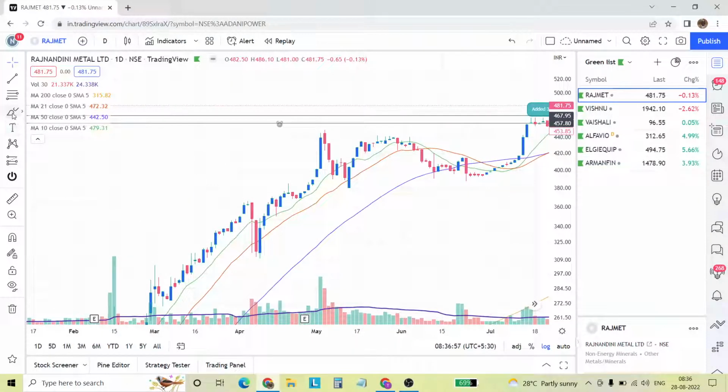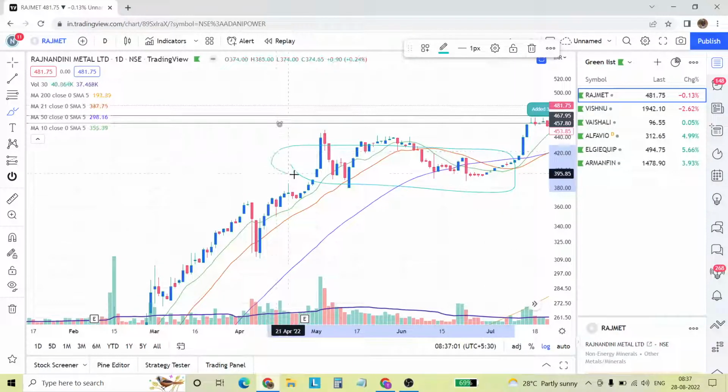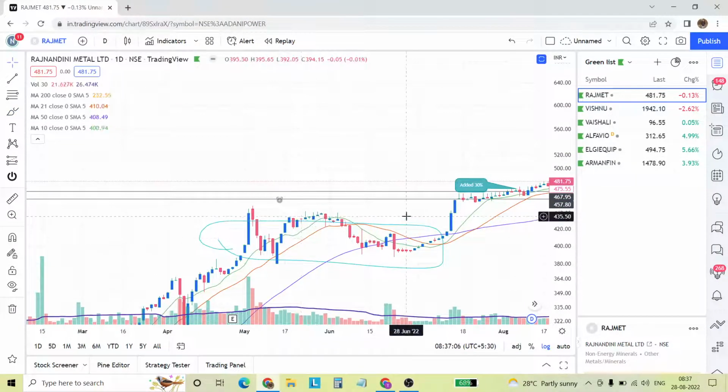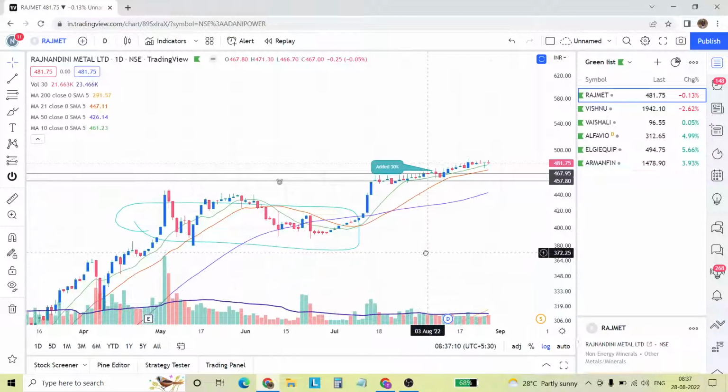So what I want to do is avoid this phase. I don't want to stay in a stock in this phase. I know it will consolidate again, break out and go up, because these are stocks which have brilliant earnings.